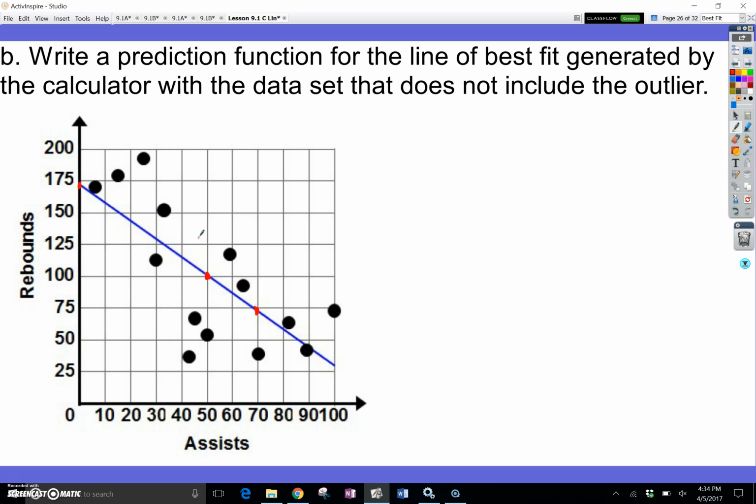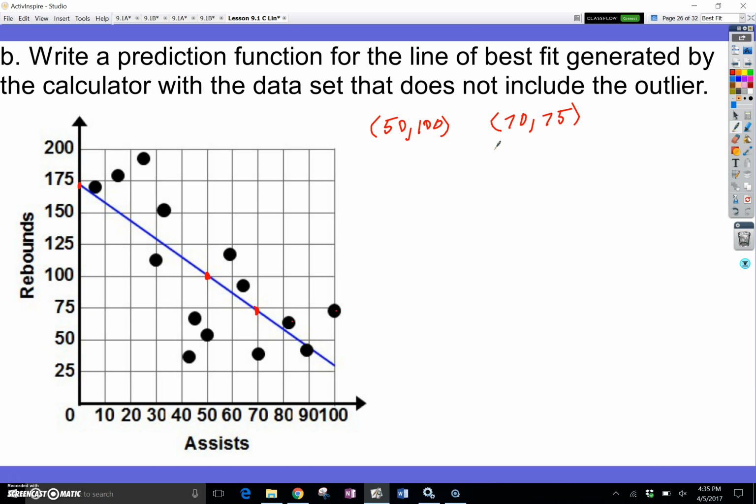So I want you to notice that we're ignoring all the points and we're only focusing on the best fit line. So I would go ahead and use those points of 50, 100. Remember, these are points on the line, not these black points here, but I just chose points that are physically on that line. And 70, 75.